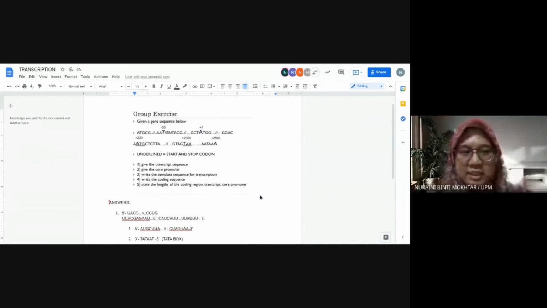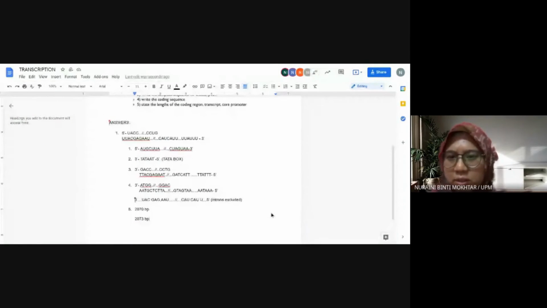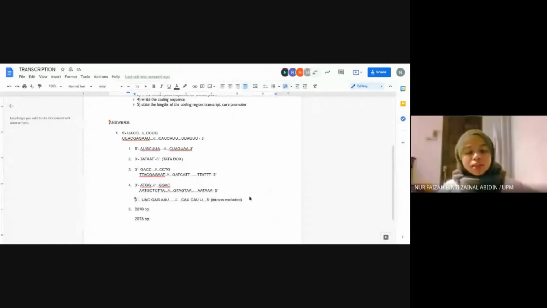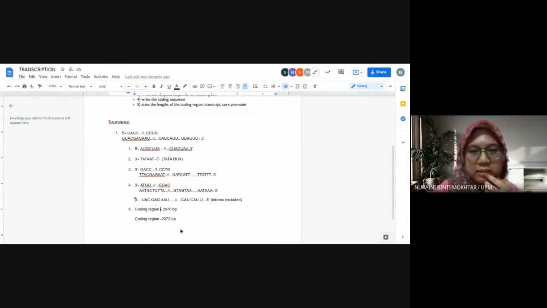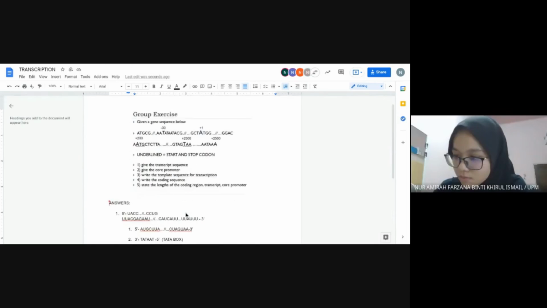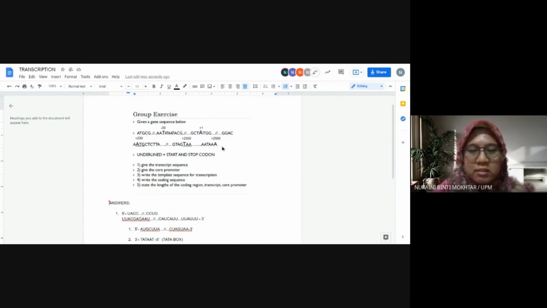I'm sorry to interrupt, but do we need to find the length for the co-promoter? Yes. So this one is for the transcript. Also the same answer, right? Or do you guys have a different answer for the transcript region? My transcript region is from +1 until 2500, following the transcript sequence.